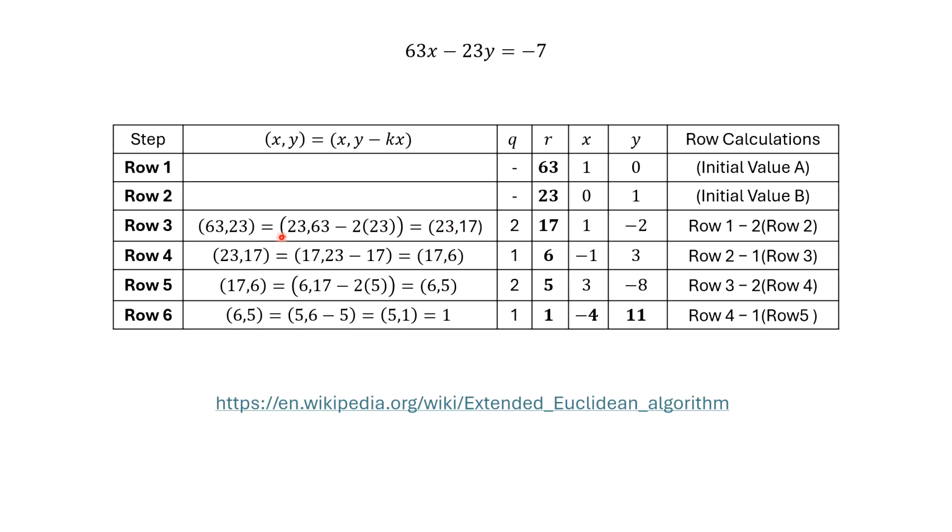So that's what I did here. Using this identity, I let x be 23 and y be 63. So we just took over the x, and then we had y, 63 minus 2 times the other number, and then we got 23 and 17.